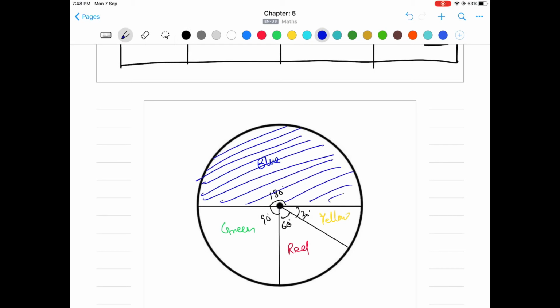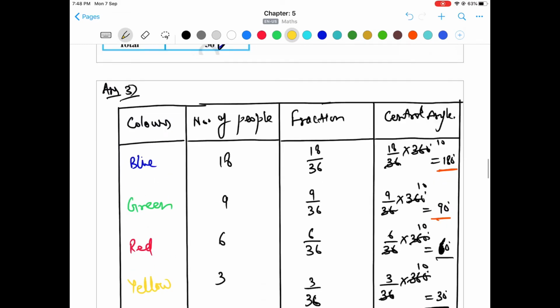Shade the blue part with the blue color. You shade the green part with green, red with red, and yellow with yellow. Okay, like this. So that's the answer of question number 3.